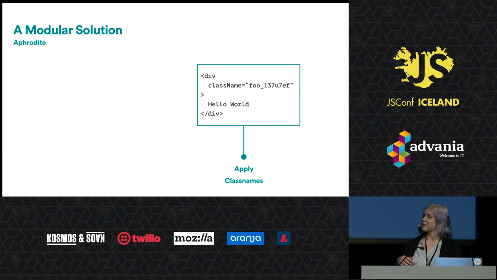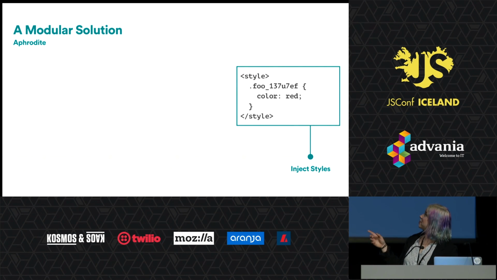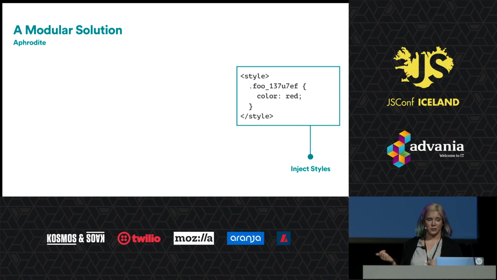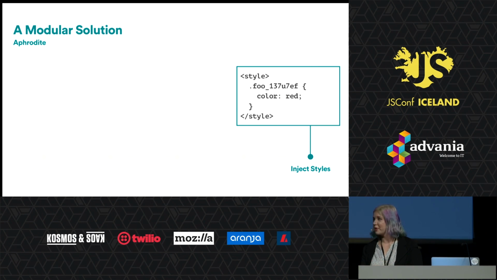And this, in turn, turns into a unique class name associated with that set of styles. And what Aphrodite does is inject it directly into the page as a style tag. This is great for performance reasons because it's only ever injecting the styles that are actually being rendered to the page. So if you lazy load something, those styles won't be there on first render, which is pretty cool.